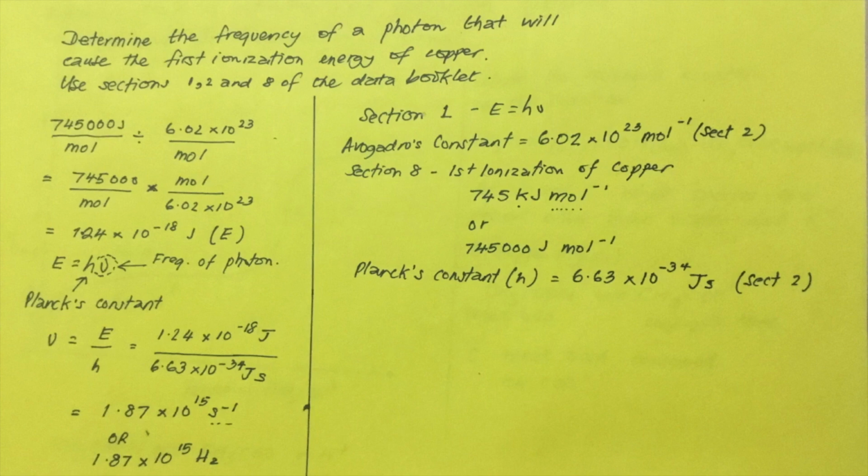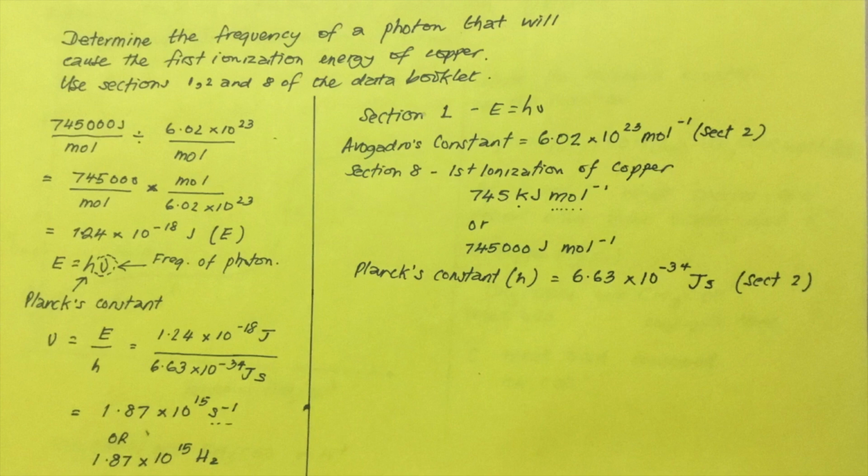A photon is produced whenever an electron in a higher than normal orbit falls back to its normal orbit, or any single electron that's undergoing a transition. The energy that's associated with that single electron is defined as a photon.